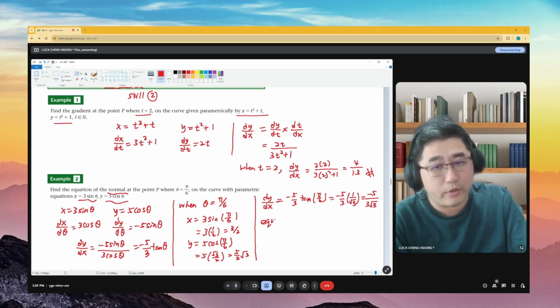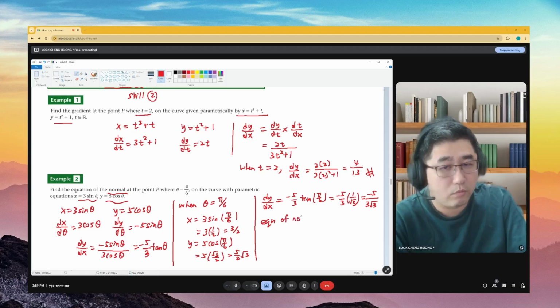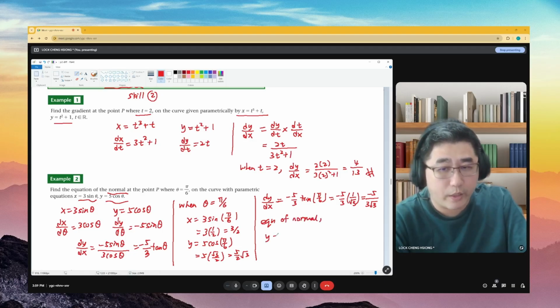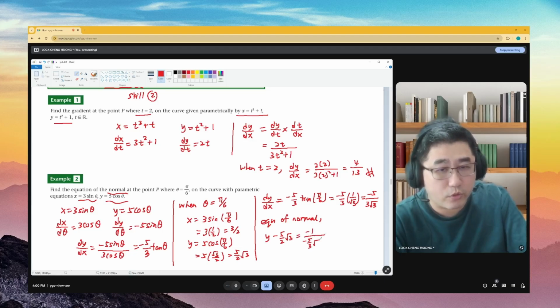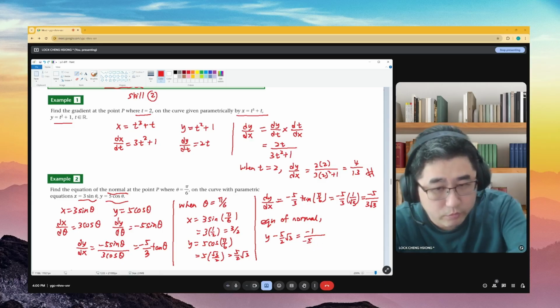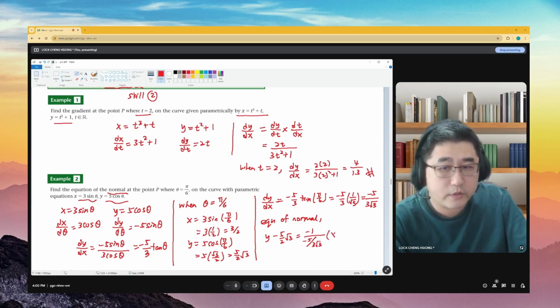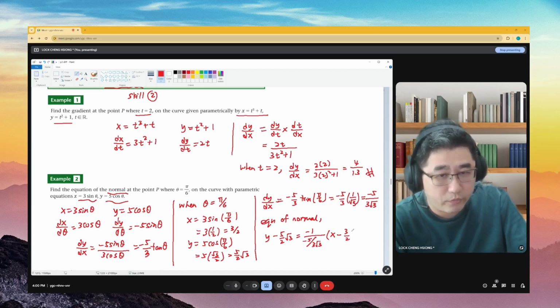Now we talk about the equation of the normal. So y minus y1 equals negative 1 over negative 5 over 3 square root 3, sorry, square root 3 at the bottom, so 3 square root 3 over 5 times x minus x1.